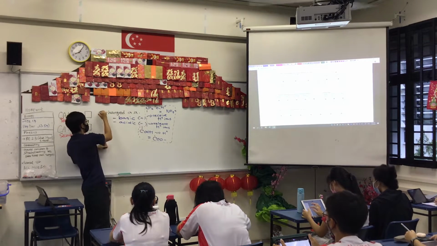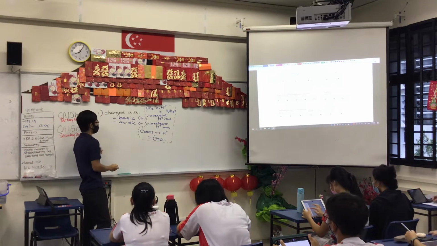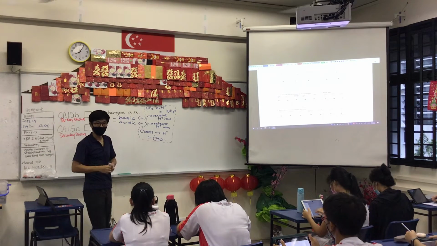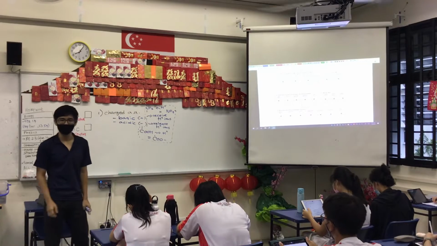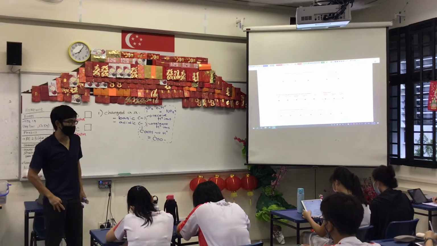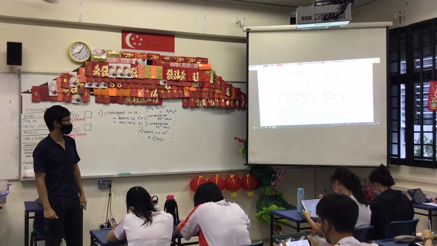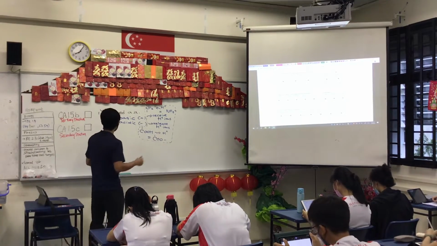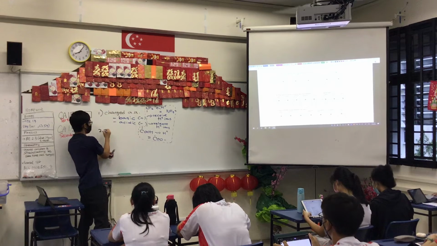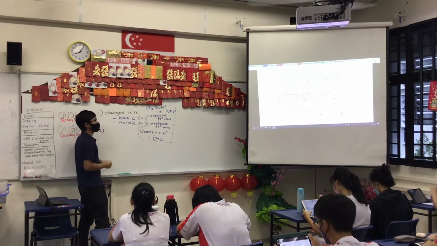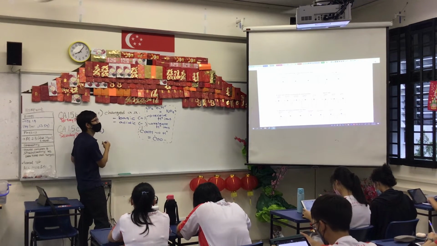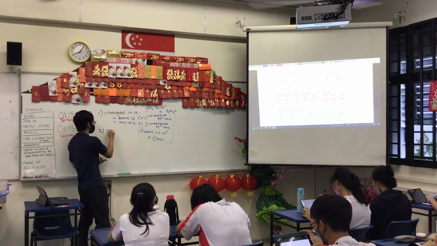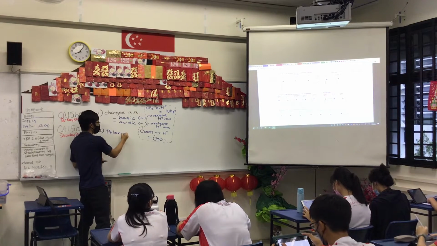Okay, that's the first category of amino acids. I'll take a pause first. Then we have two more categories, then we are done with the recap for amino acids. The second category of amino acids are the hydrophilic polar ones. Polar amino acids.